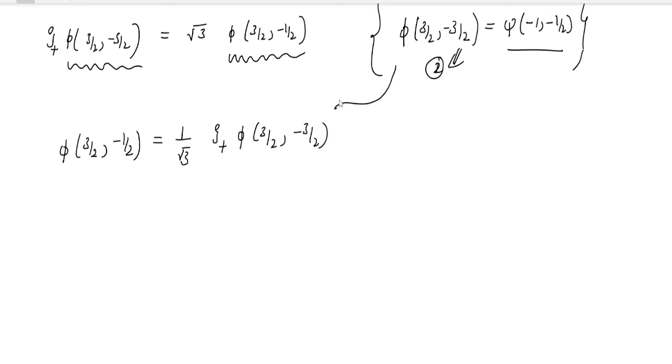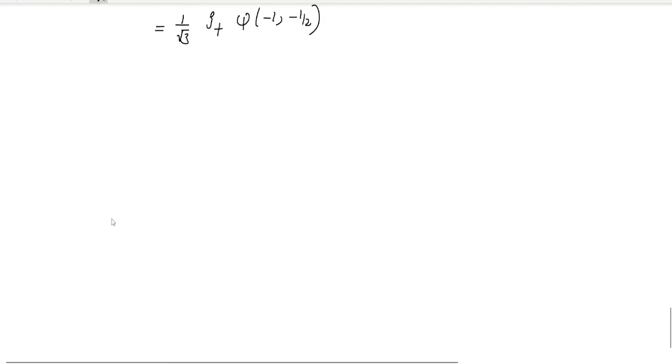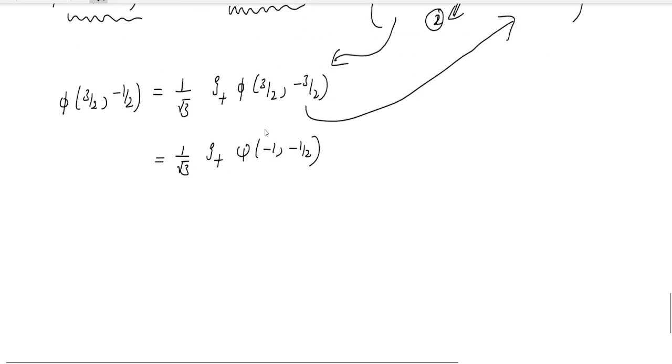See, I'm going to replace this by this one: 1 divided by root 3 j plus wave function psi minus 1 minus 1 divided by 2. Okay, this is m1 and this is m2.